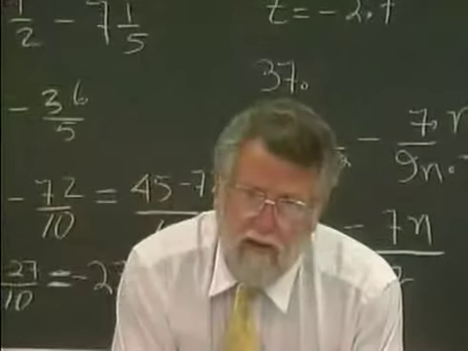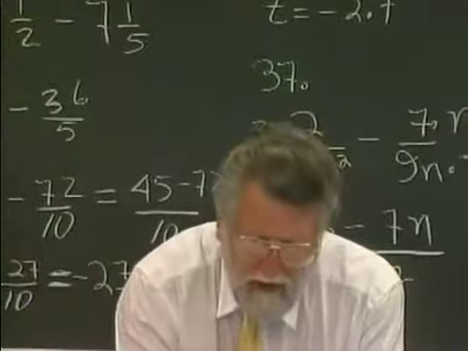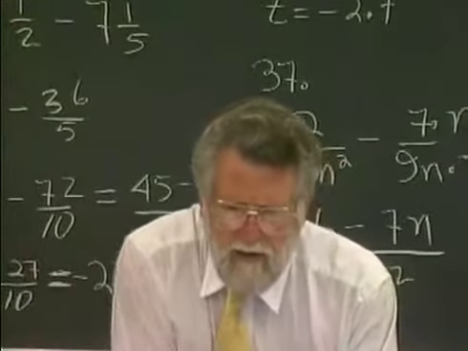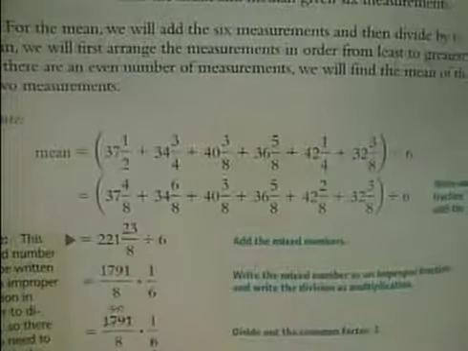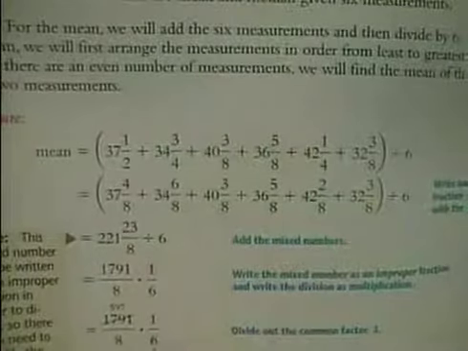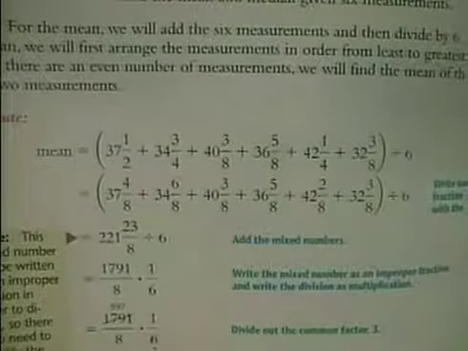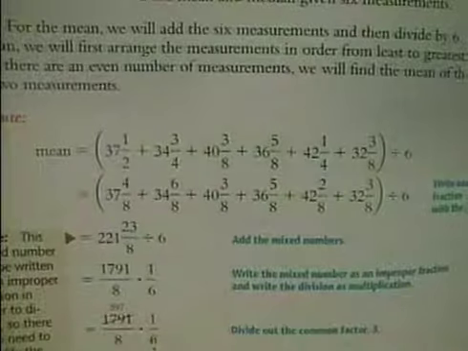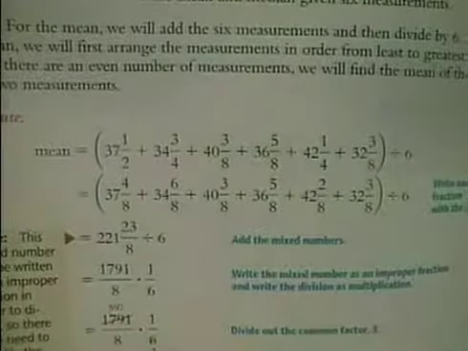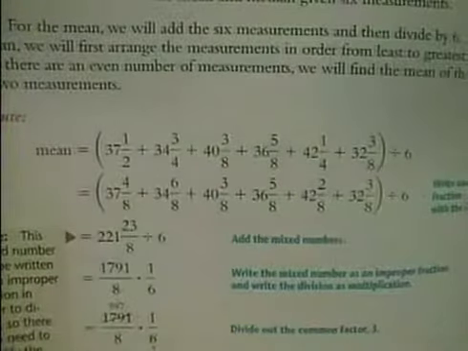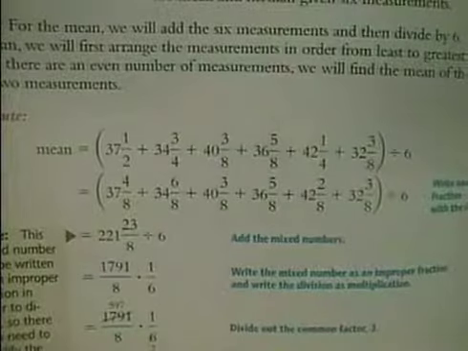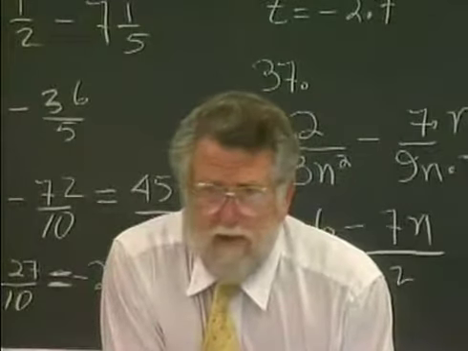As we come off there for a moment, there's no way in the world I would take time to do what's done here to illustrate this for you, in which we are finding a common denominator of 8 for everything, getting all that added up, and then divide by 6. Never in your life would you see me do that.